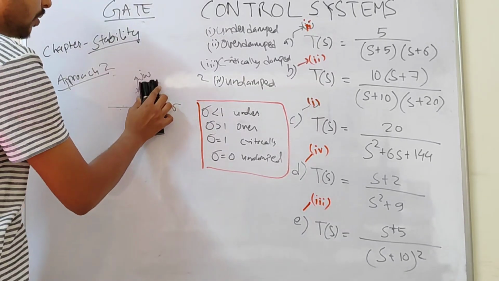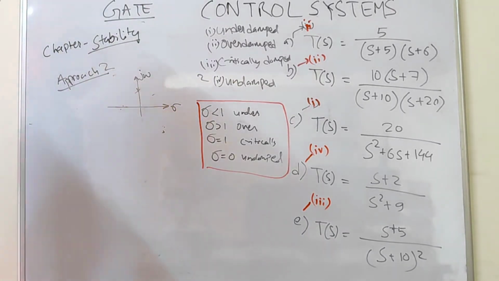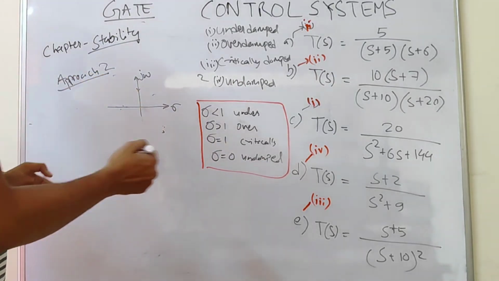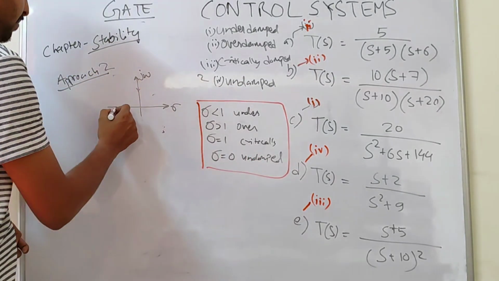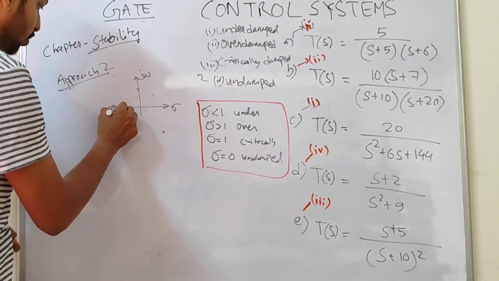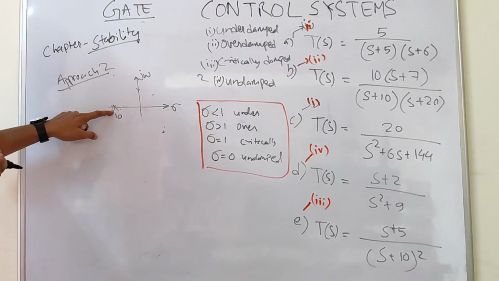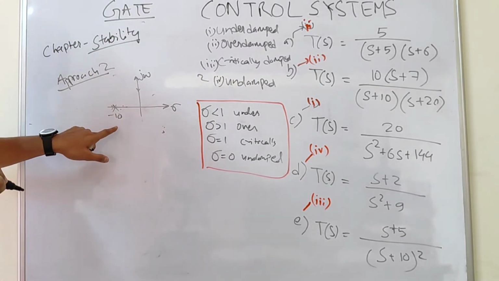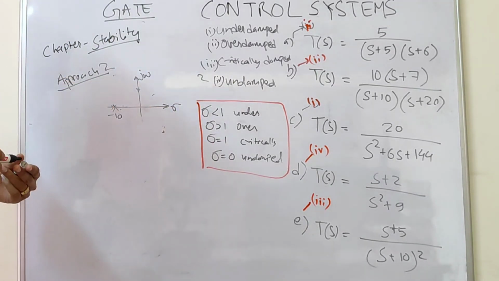Now what about the last one? The last one is tricky, right? So s is equal to -10. So here both the roots are at the same location, so there are 2 poles at the same location. Whenever this happens, we call it a critically damped system.